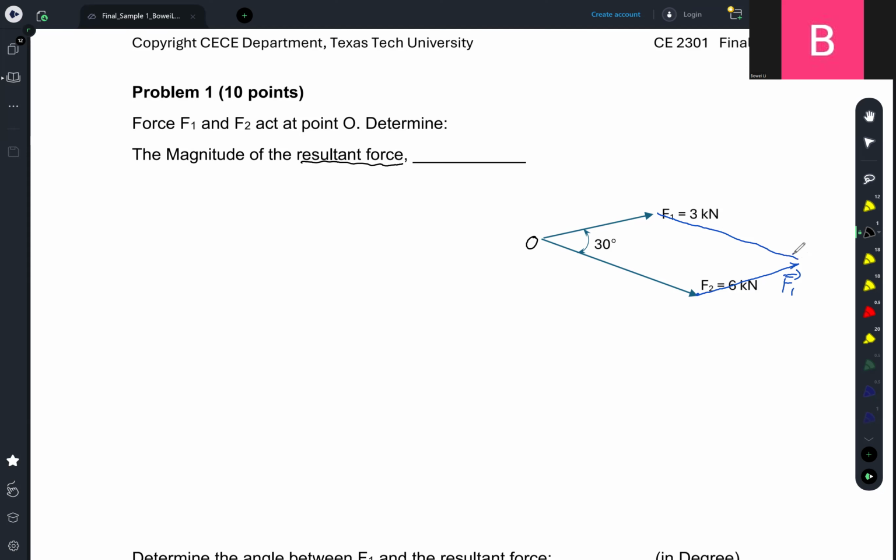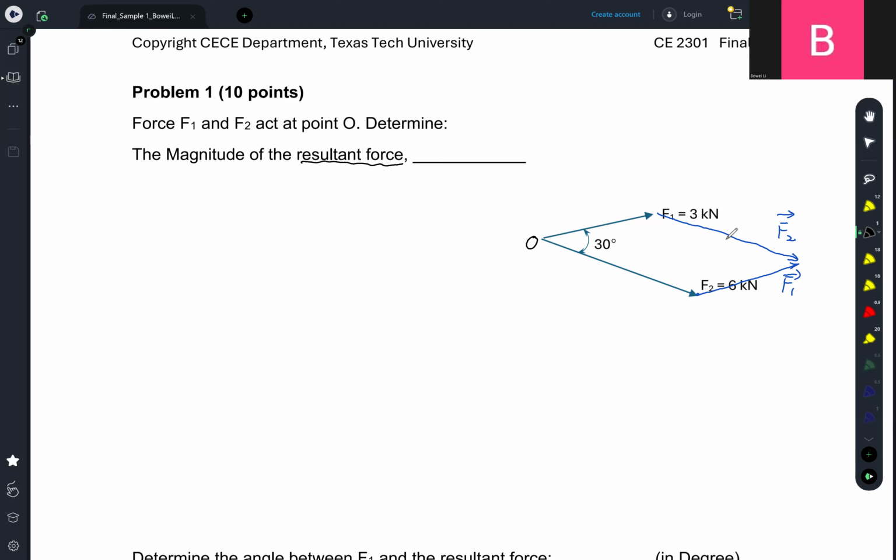Since the new F2 and old F2, and new F1 and old F1, are parallel, then according to the parallelogram rule, how would the resultant force vector look?